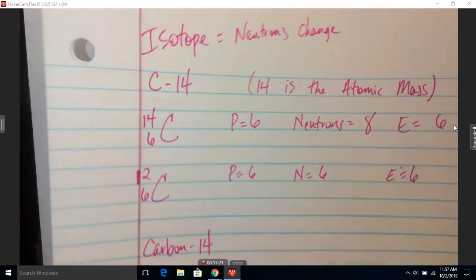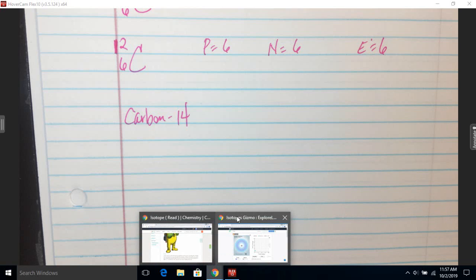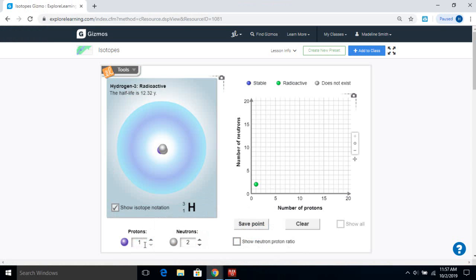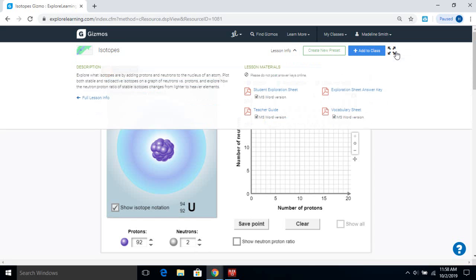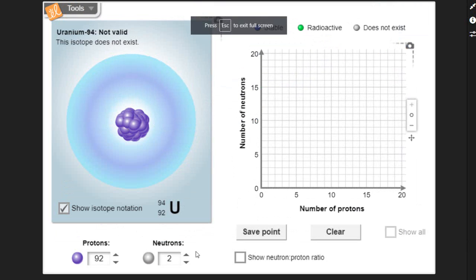Okay, so I want to look at uranium. How many neutrons would a regular, normal uranium have?